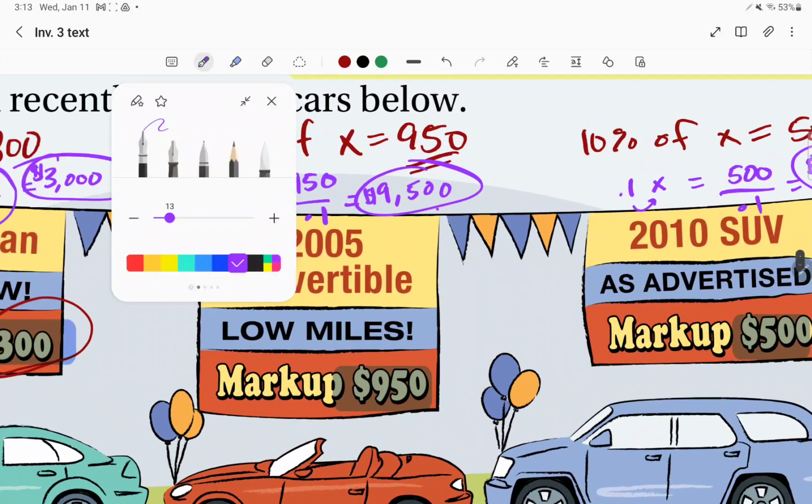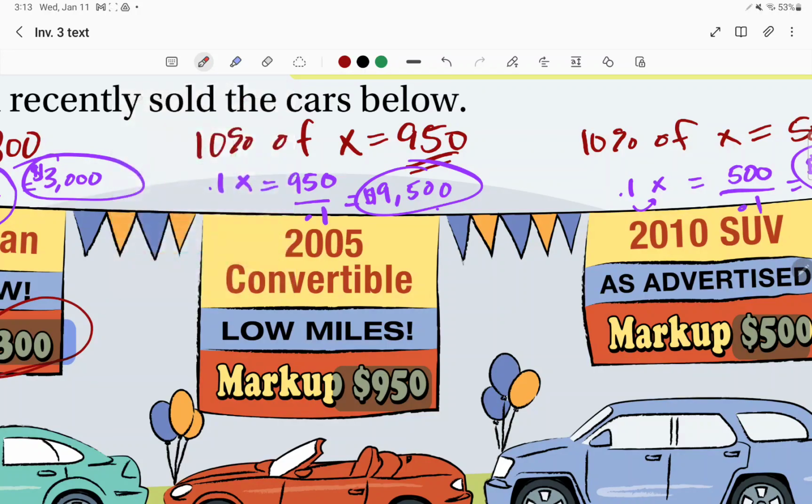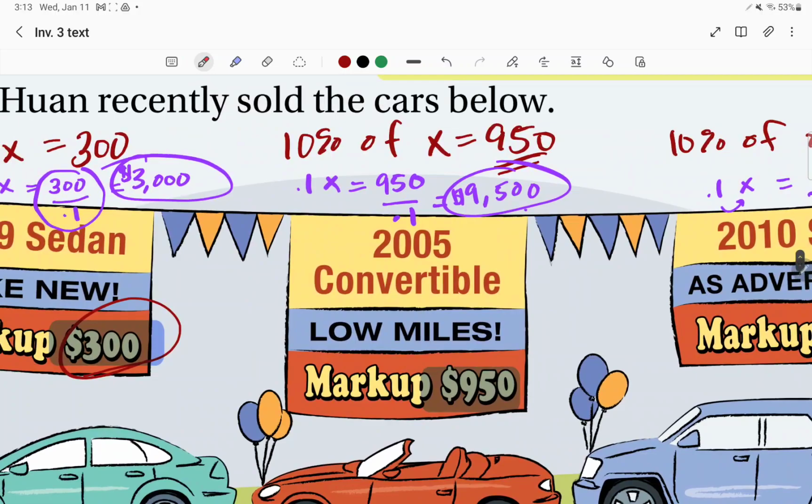And then part B, it says for each car, what was the selling price? So I'll do that in a different color. The selling price is what she sold it to you for. So this you would add that 300 onto this, and so the selling price would be 3,300. That's the ticket price. That's the price on the window. And then you would add 950 here. So in this case, this is going to be 10,450.